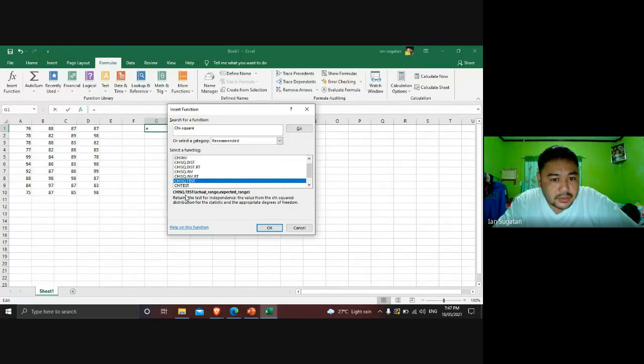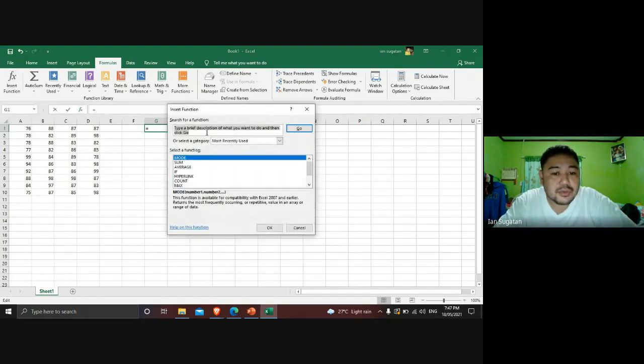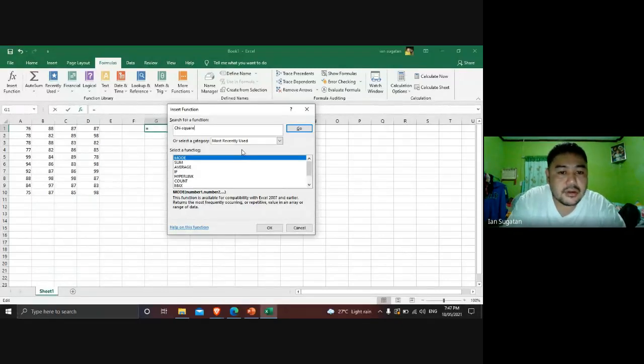Actual range, expected range. It returns the test for independence from the chi-square distribution, statistics, and degrees of freedom. Okay, guys. So again, all you have to do is click a blank cell, then click formulas, then insert function fx. Then type chi-square. It isn't showing, so let's type chi and then square, then go.